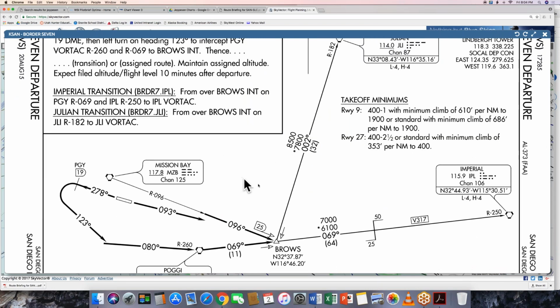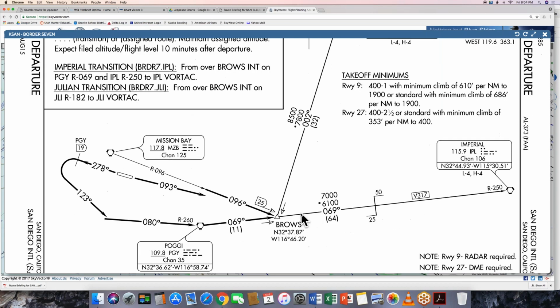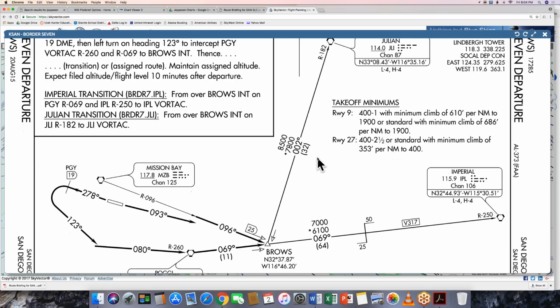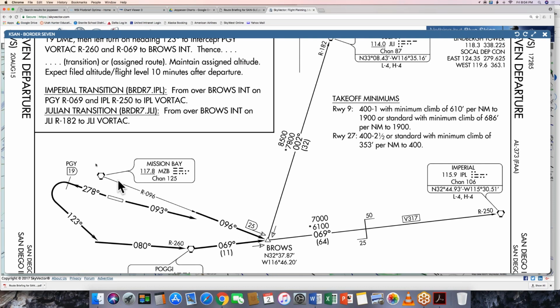Does it just sometimes do that, Garrett, where you couldn't put in that departure that you were trying to put in at first, and it wouldn't take it? Yeah. I think I see why it's not doing it, and that's what's frustrating about these charts here, is that, as you can see, Mission Bay also is not part of the departure. But you see this arrow here? Yeah. So the arrows are all pointing to browse, except for the one that's coming from Imperial.